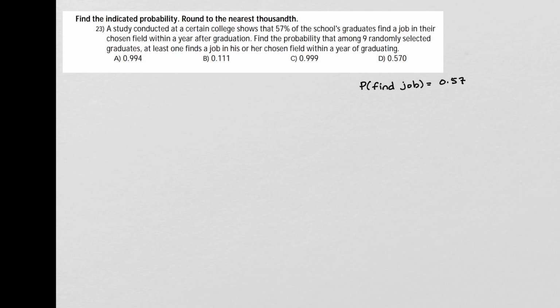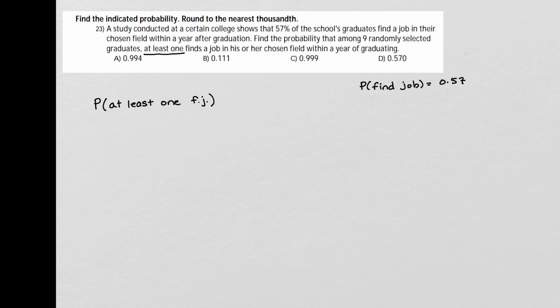And we want to find the probability that among 9 randomly selected graduates, at least one finds a job in their chosen field within a year of graduating. So we're calculating the probability of at least one finding a job.